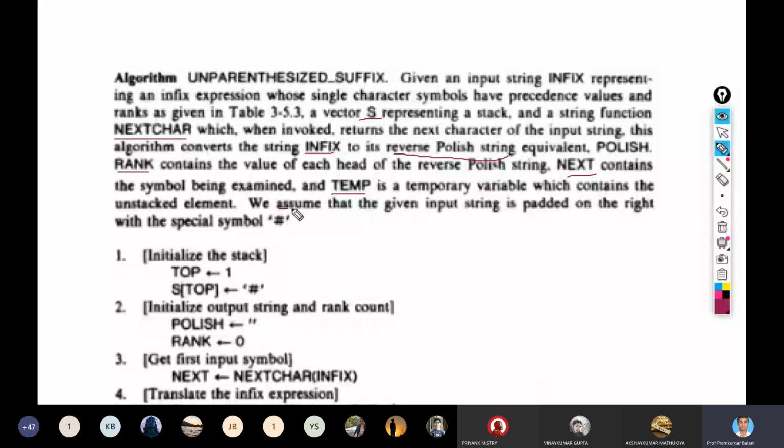So they want to say like this, if I take one expression, say a plus b, what this assumes is my last symbol is padded with hash, right? Okay. So now let's go ahead.